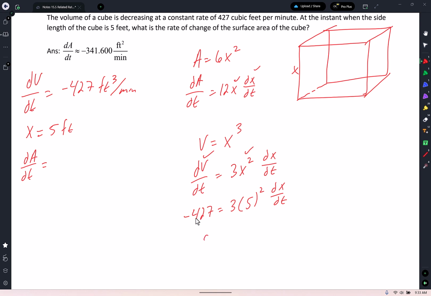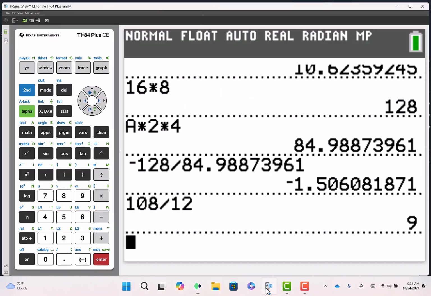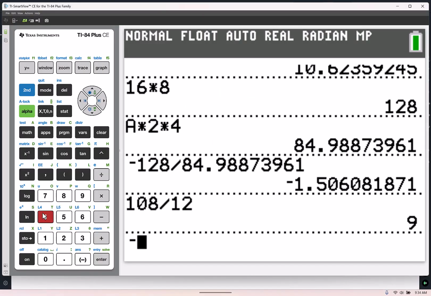So dx/dt is equal to negative 427 divided by 75. Negative 427 divided by 75, which is, so I'm going to take my calculator.